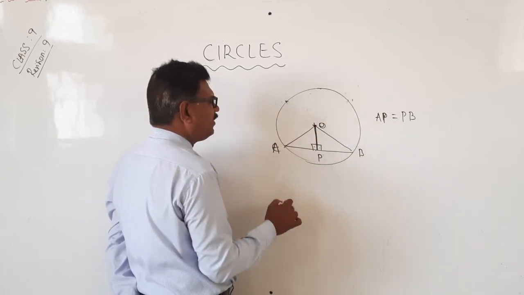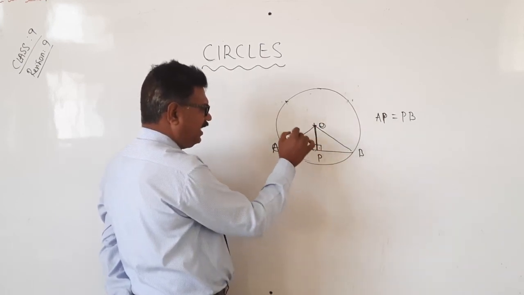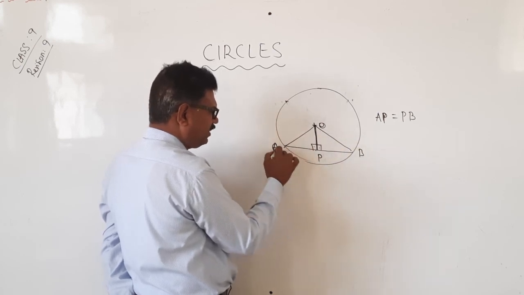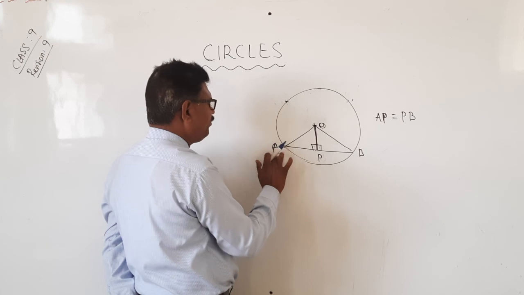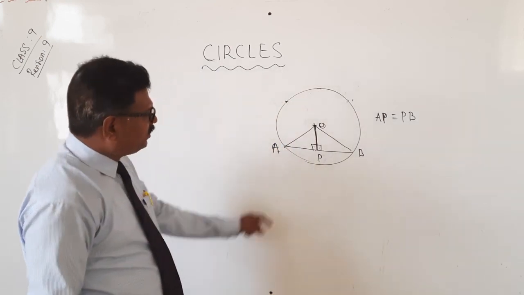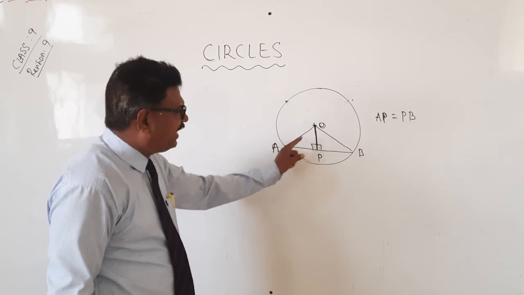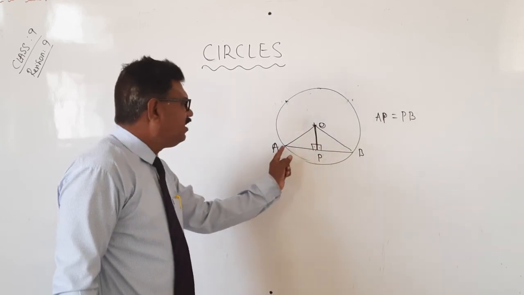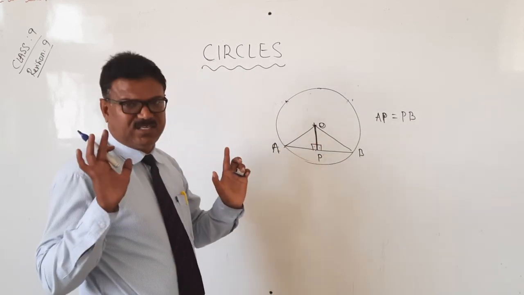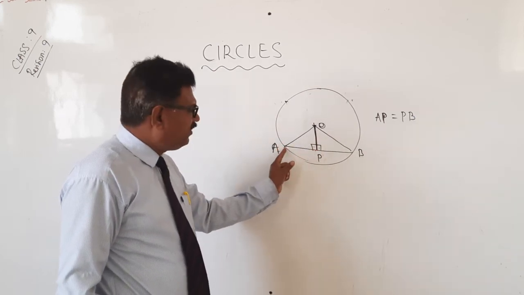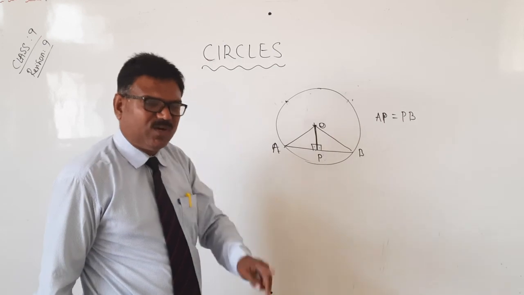OP is common. Therefore, by RHS condition these two are congruent, therefore AP will be equal to PB. Understood? So if you draw a perpendicular to any chord, it will bisect the chord. This perpendicular will divide the chord into two equal parts.